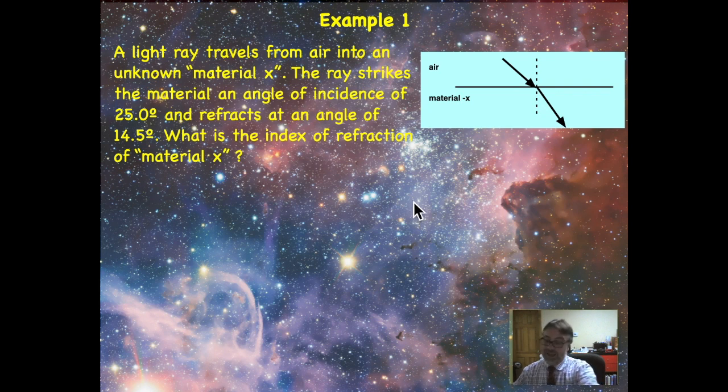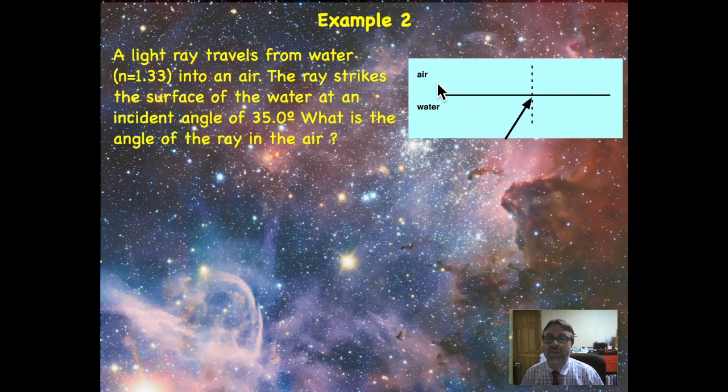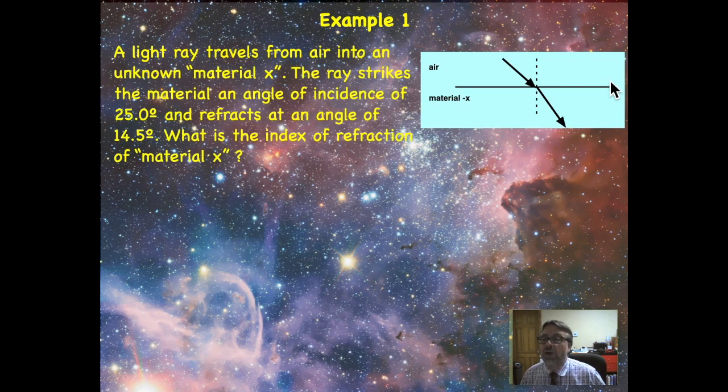All right, I can't stress how important it is to make a quick sketch when you're working on these problems. If you're going to make a mistake, it's going to be associating the angles and indexes and getting them mixed up. So here I'm traveling from air into material X. I know in air, my n equals 1.